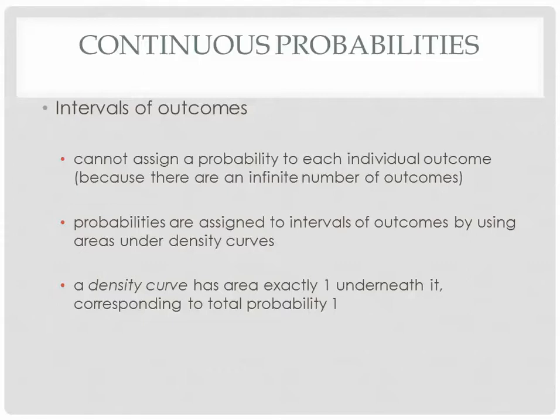Well, if we're going to use intervals on a density curve, we got to make sure still that all of our probabilities for everything that could happen can't go over 1. And so it's the area under that curve that is 1 that corresponds to that total probability of 1.